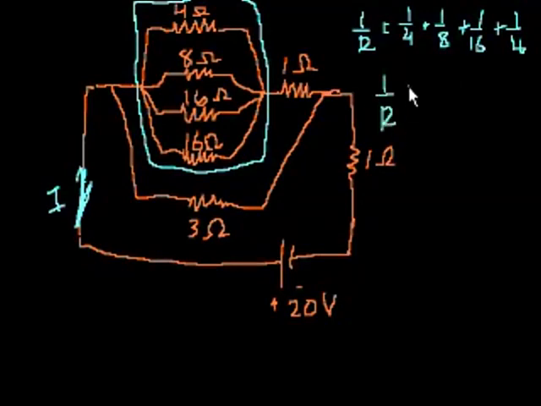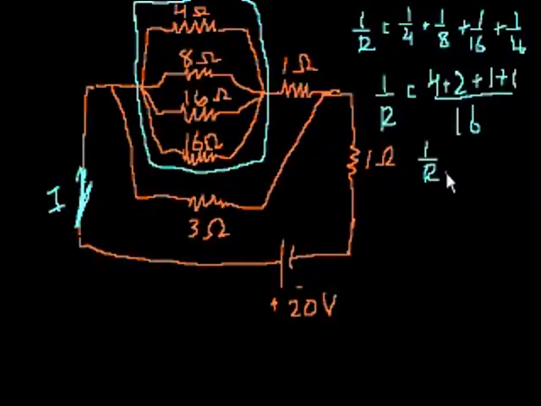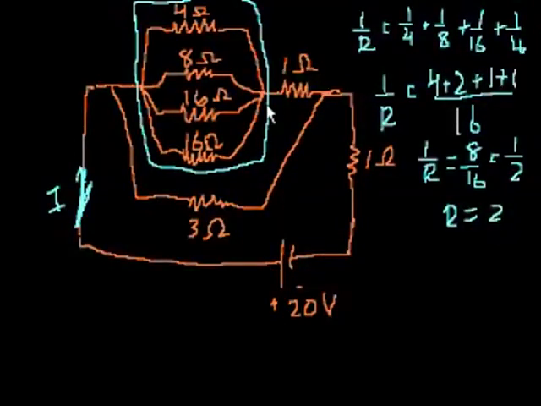Now it's just adding fractions, over 16. 1 over 4 is 4 over 16 plus 2 over 16 plus 1 plus 1. So 1 over R is equal to 8 over 16, the numbers are working out, which is equal to 1/2. So that equivalent resistance is 2. So quickly we just said all of these resistors combined is equal to 2 ohms.